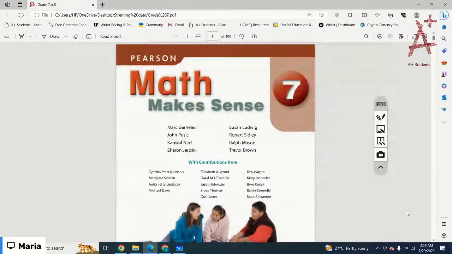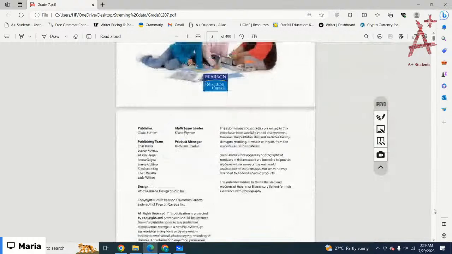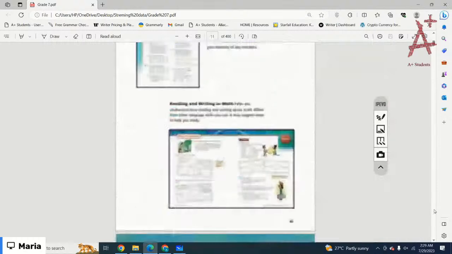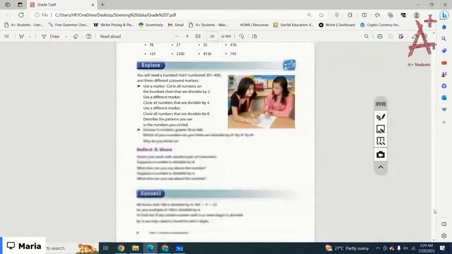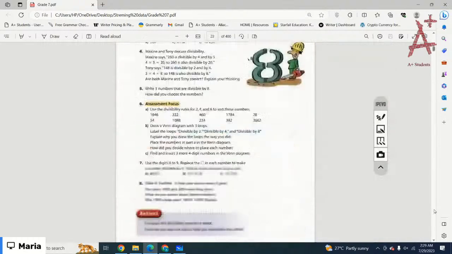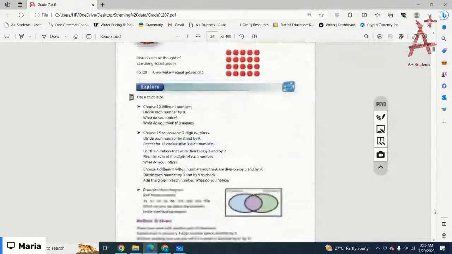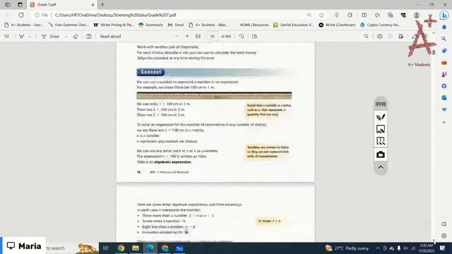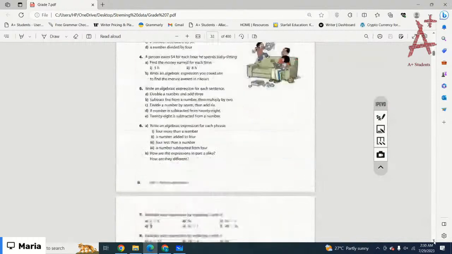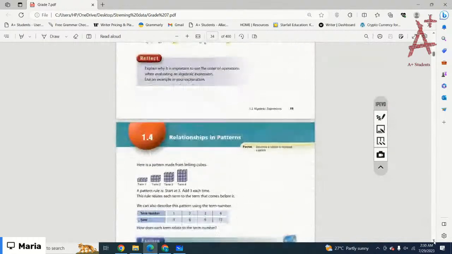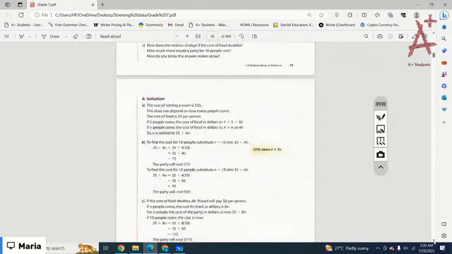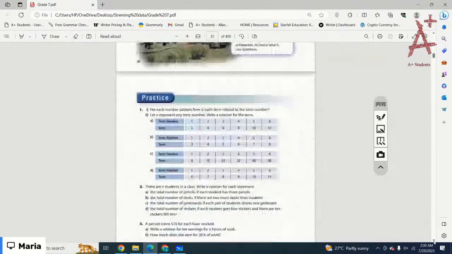Okay, then go to page number 24. No, sorry, not 24. Yes, 24 it is.